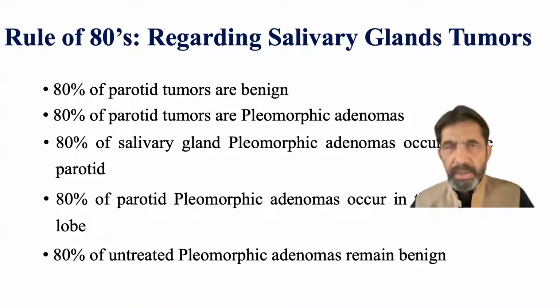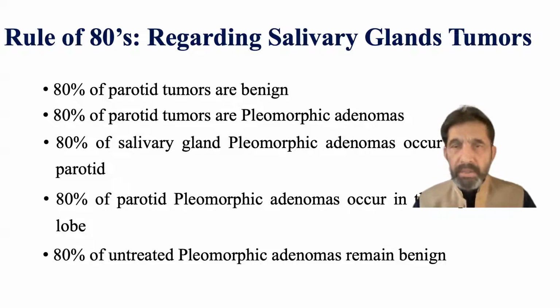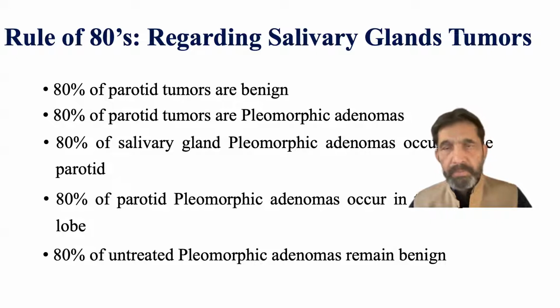Well, the rule of the 80s: 80% of parotid tumors are benign, 80% of the parotid tumors are pleomorphic adenoma, 80% of salivary gland tumors occur in the parotid, and 80% occur in the superficial lobe. That is very important.